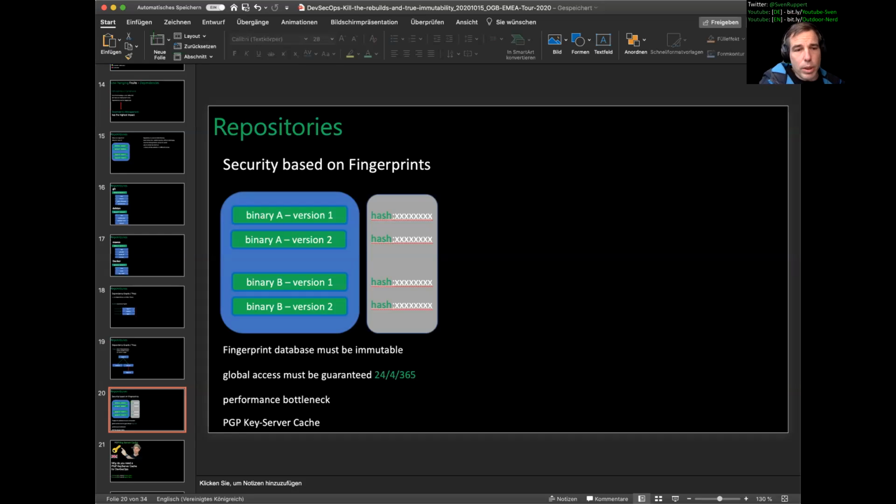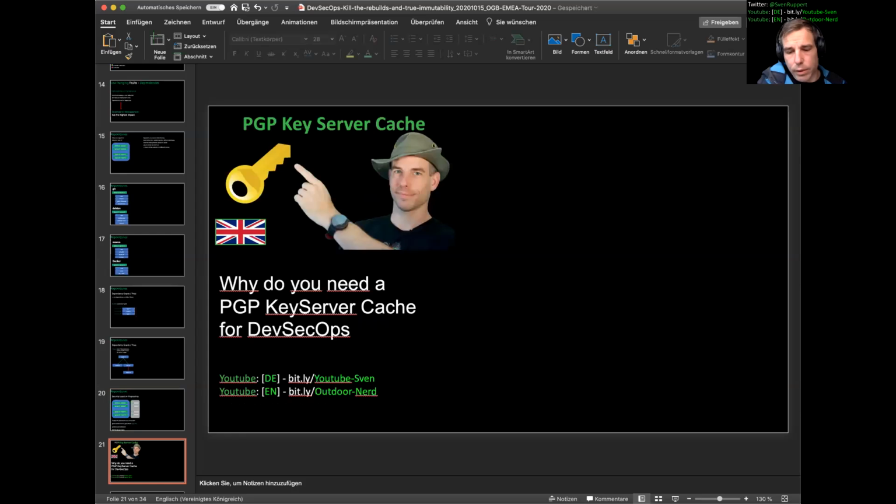But there is one thing: the fingerprints are mostly built on top of PGP keys or whatever. This means you must have global access to this fingerprint database somehow, or to this key database, and you're trusting this one. So having that in mind, maybe it would be interesting to have a cache of it in your own organization to speed up the request times to verify binaries and make sure.